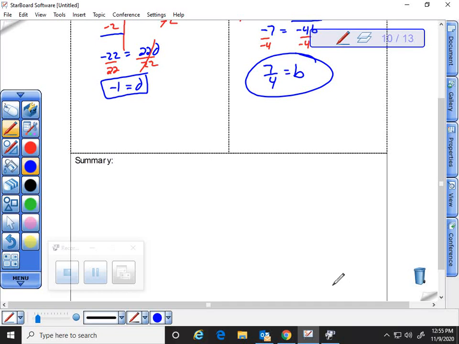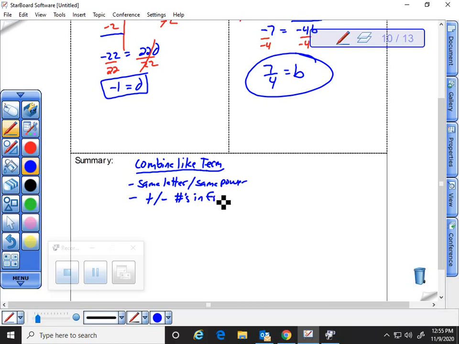So, for our summary, combine like terms. In other words, same letter, same power are like terms. Add or subtract the numbers in front of those like terms.